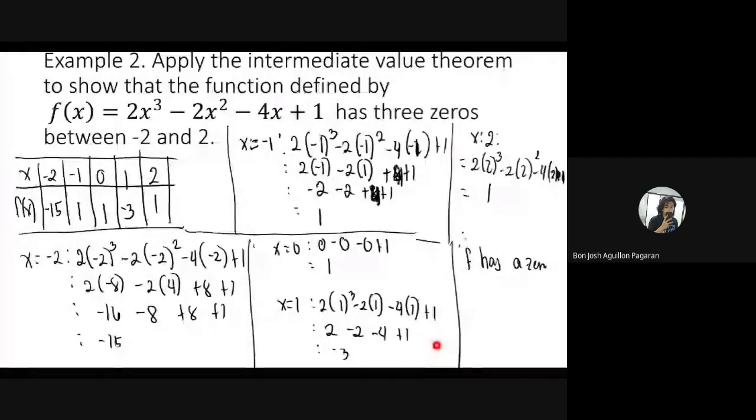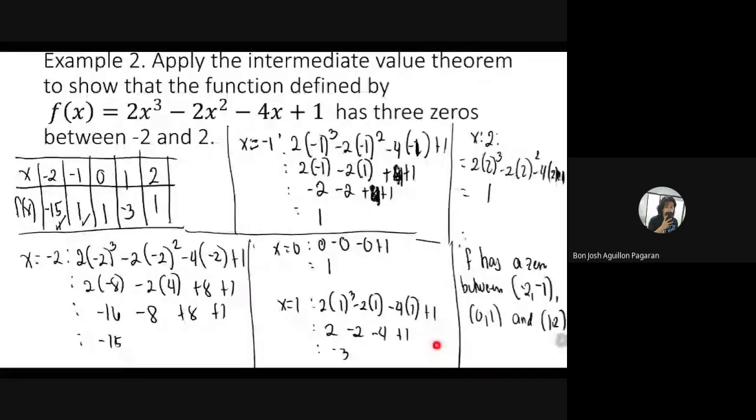Okay? So f has a 0 between negative 2 and negative 1, between 0 and 1, and between 1 and 2. Paano ko nalaman yan? Tingnan mo yung f of x from negative tapos positive.